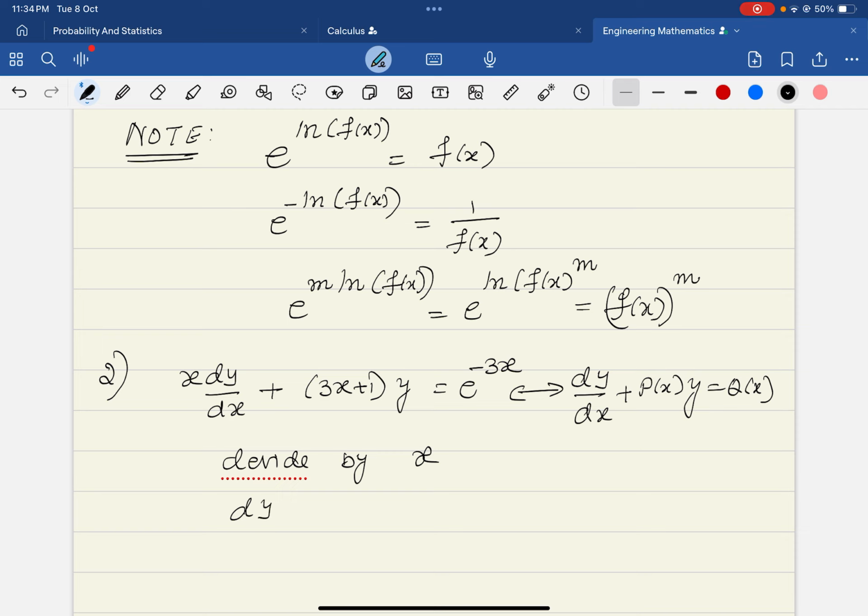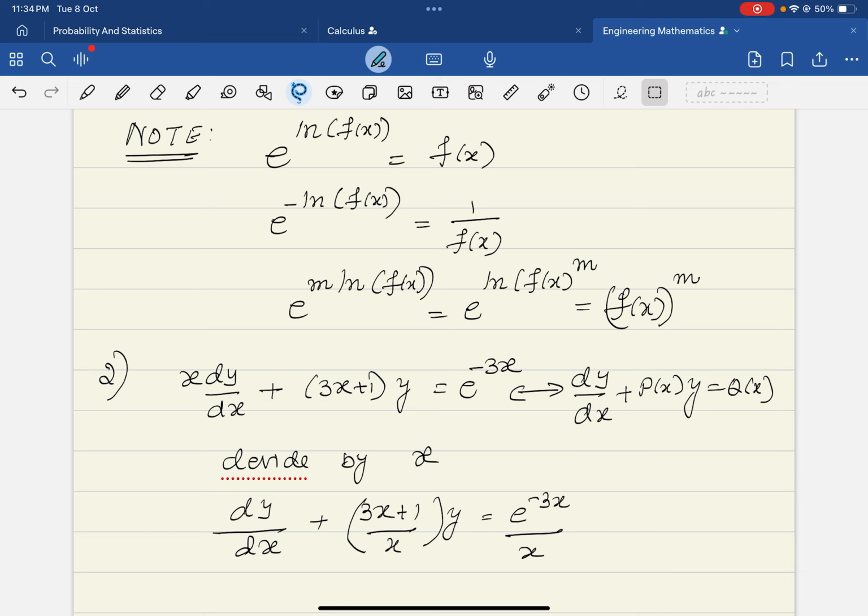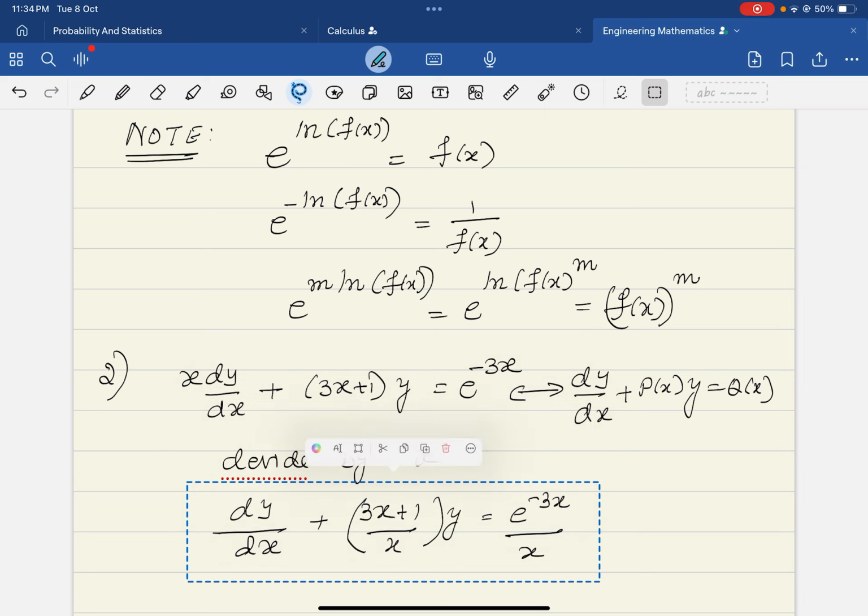When you divide the equation by x, this becomes dy by dx plus (3x plus 1) over x times y is equal to e raised to minus 3x over x. So this is what we got after dividing the equation. Now our job is to find the solution for this.